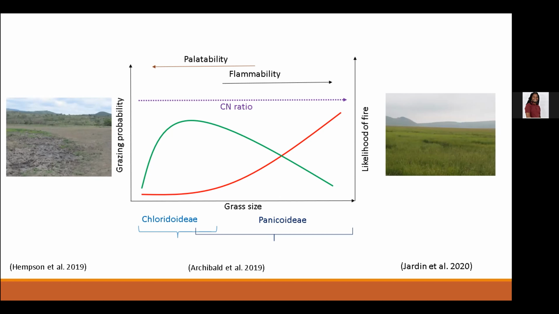And with more biomass, it means that there's more carbon compared to nitrogen. So basically, the more carbon they have, the less palatable they become. So we can see that the palatability, flammability gradient can be inferred from the CN ratio. And like I said here, we've got these extremes from short grass to tall grasses.